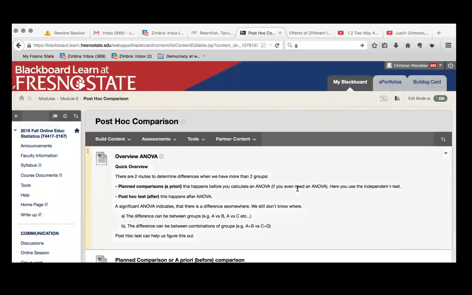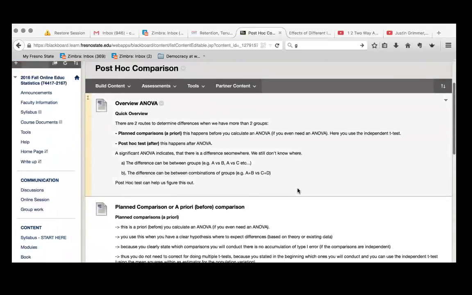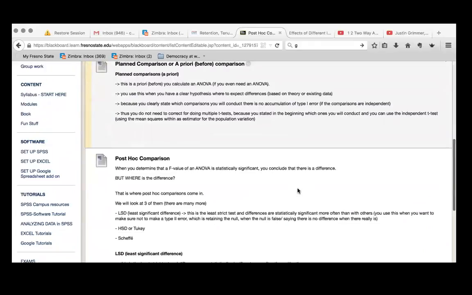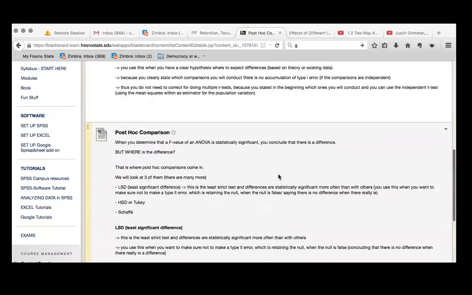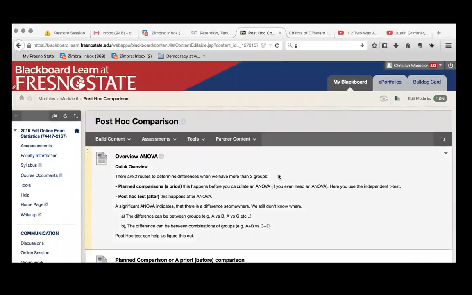And if your ANOVA tells you there is no significant difference between those groups, then you're done. You don't even have to look at the different groups. So here you have the description of the different post hoc tests.